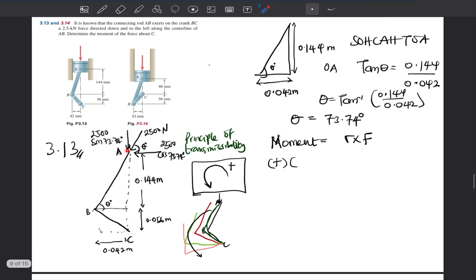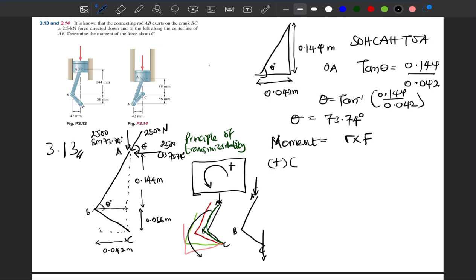If A is acting along this line, then the parallel we are going to take at C is going to be along that same line. Then we are going to look for the distance between the two. Something like this. A B C. A acts this way. We take a similar parallel at C, something like this.